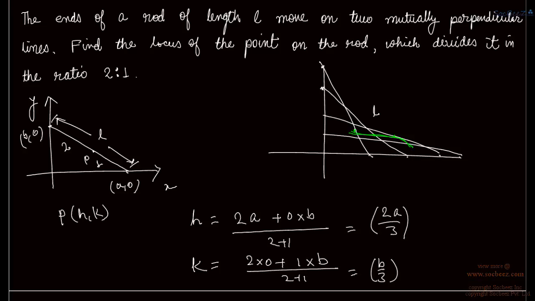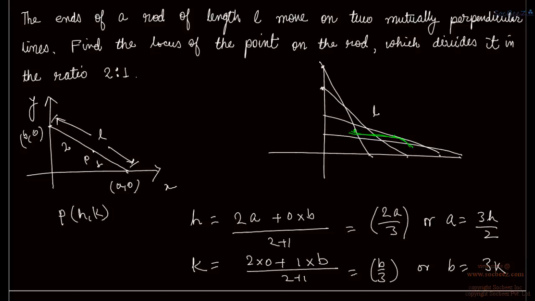So we have h and k, or we can write a as 3h upon 2 and b as 3k, right?